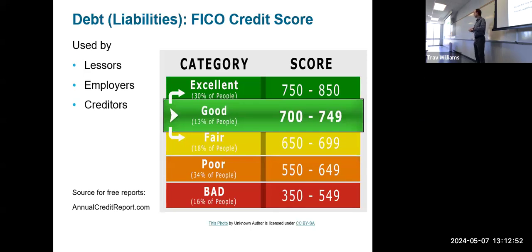And then these credit rating agencies, using whatever information they get from the Fair Isaac Company and their own personal algorithms they've developed at each agency, issue a credit score. So you've got 3 different credit scores, one from each of those 3 agencies.